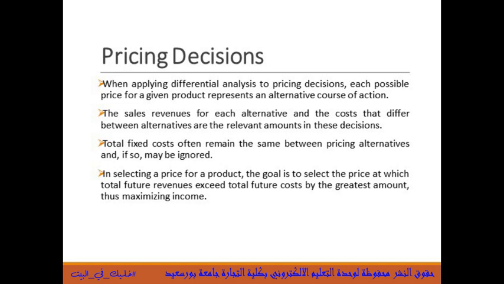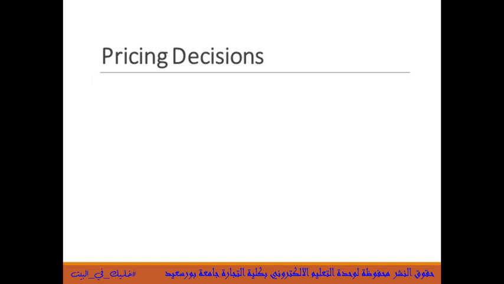In selecting a price for a product, the goal is to maximize net income. The goal is to select the price at which total future revenues exceed total future costs by the greatest amount, thus maximizing net income.